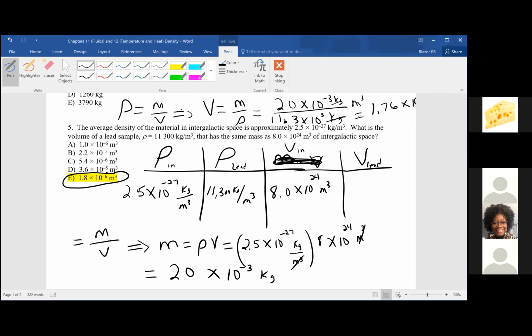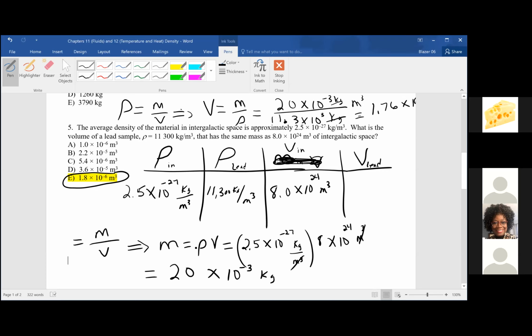Okay. All right, so the key thing there was, what is the volume of a lead sample that has the same mass as this intergalactic space sample? So once we found how much mass that was, that's the same mass they want us to use for our lead sample.